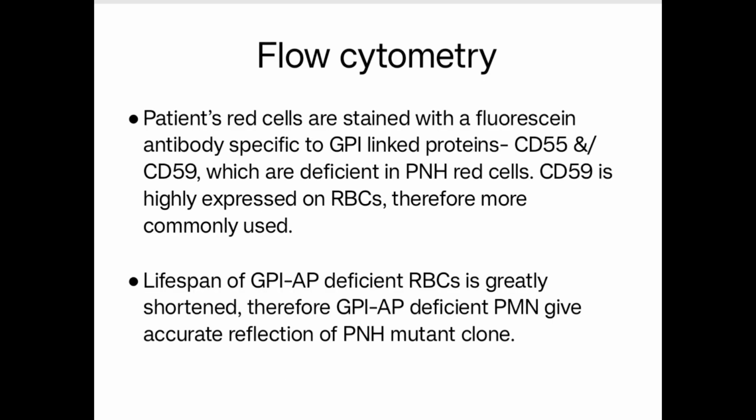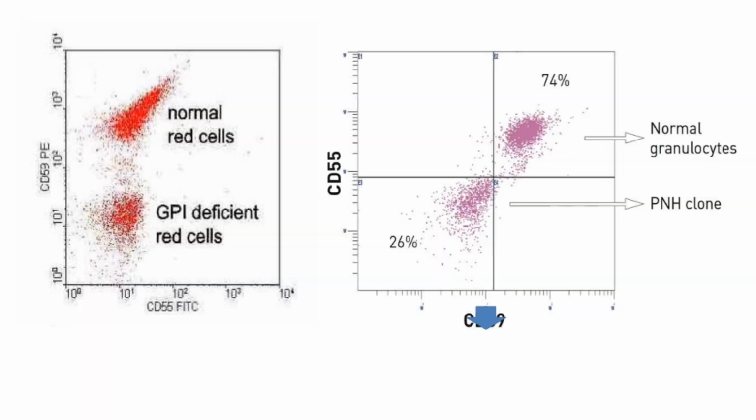Now moving on to flow cytometry. In flow cytometry, patient red cells are stained with fluorescent antibodies specific to the GPI-linked proteins CD55 and CD59, which are deficient in PNH red cells. CD59 is highly expressed on RBCs, therefore more commonly used. The lifespan of GPI-anchored protein deficient RBCs is greatly shortened, therefore the deficient PMNs give an accurate reflection of the PNH mutant clone.